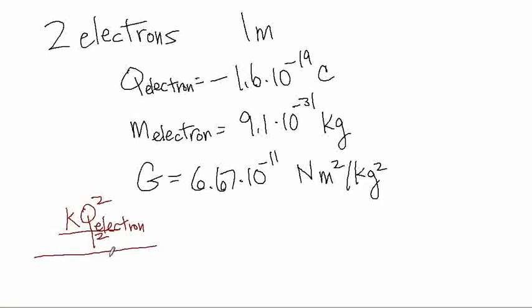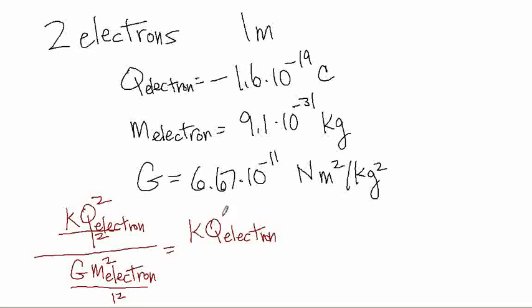The magnitude of the gravitational force will be G times the mass of an electron squared divided by 1 squared. So I can ignore the 1 squareds, and I have K times Q electron squared divided by G times the mass of an electron squared.